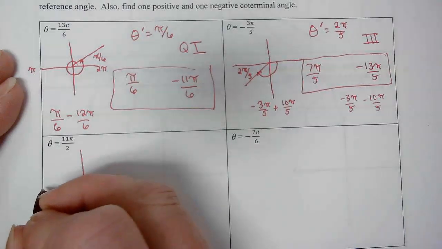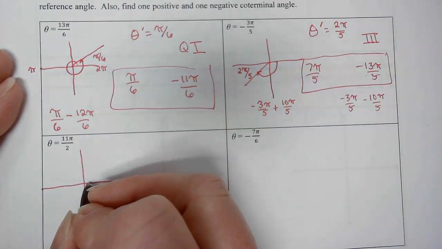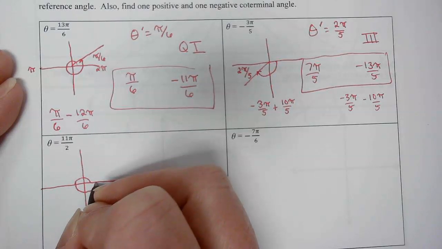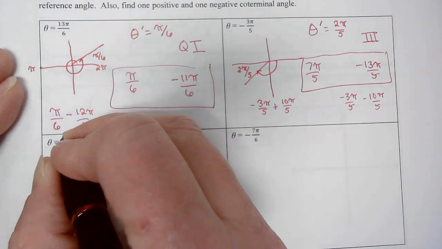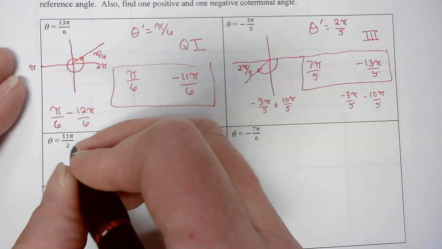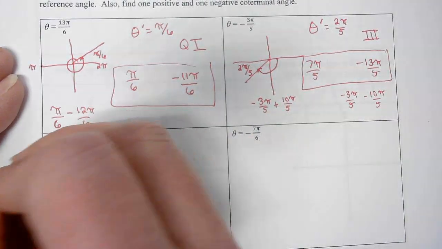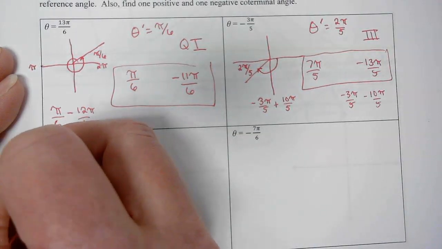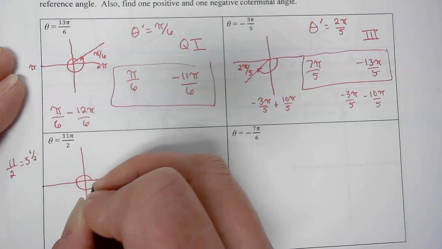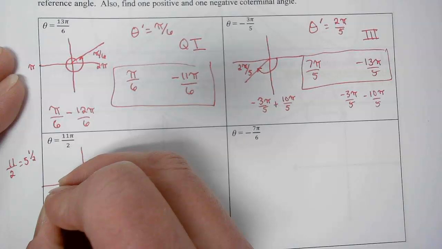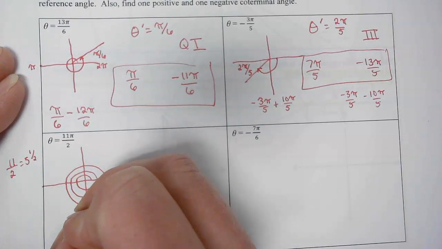So let's think how far that would go. Okay, so 1 pi, 2 pi. How far is this going? 2 into 11. 2 goes into 11 5 full times. So if I was doing 11 divided by 2, I'd have 5 full times and a half. Okay, so 1, 2, 3, 4, 5 and a half.